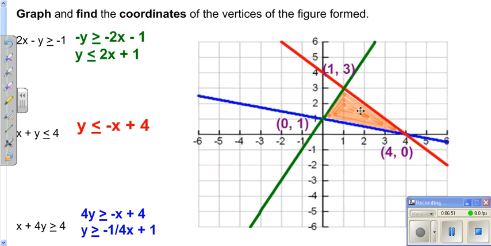Let's also go ahead and figure out our corner points. We know they intersect here at 1, 3, intersect here at 0, 1, intersect here at 4, 0. Remember, when you're writing coordinates of a point, you need to have them as ordered pairs in parentheses.